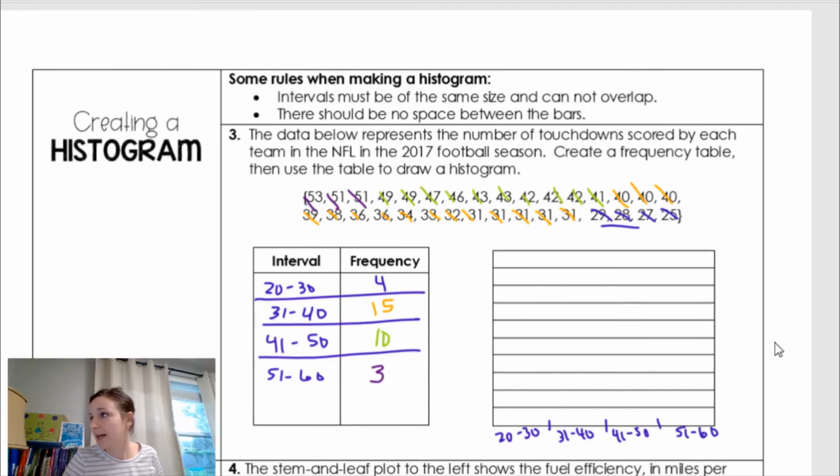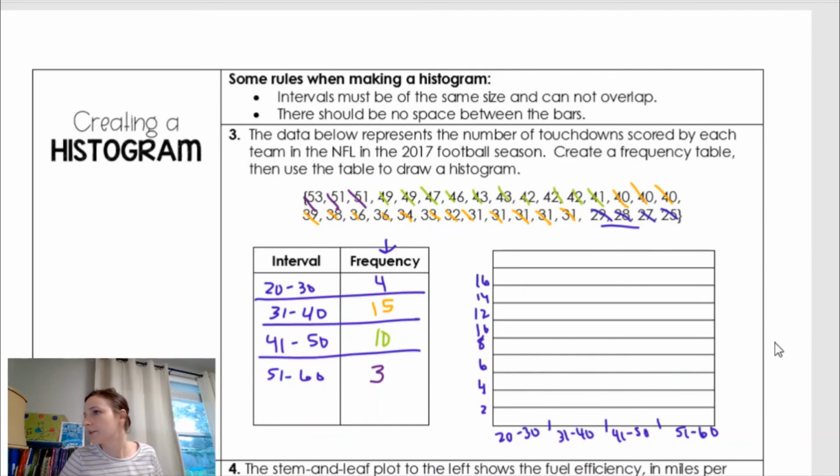On the left-hand side is going to be your frequencies, okay? And the frequencies come from this column here. Notice that our smallest frequency is 4 and our largest is 15. So perhaps we could go by 2s. So 2, 4, 6, 8, 10, 12, 14, and 16, okay?